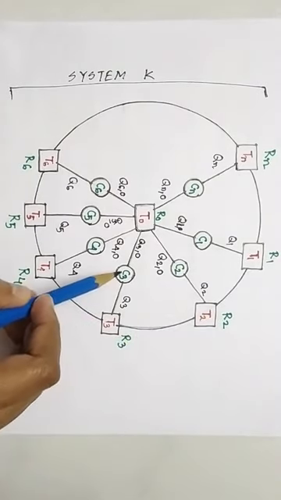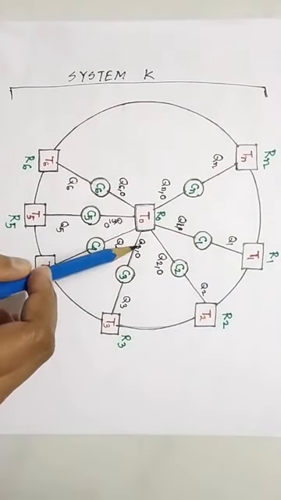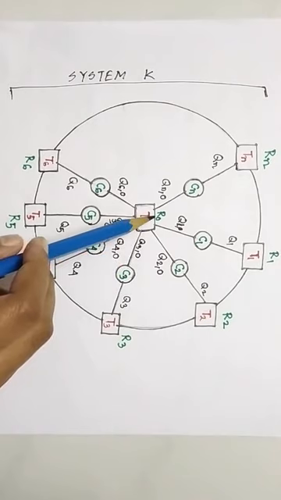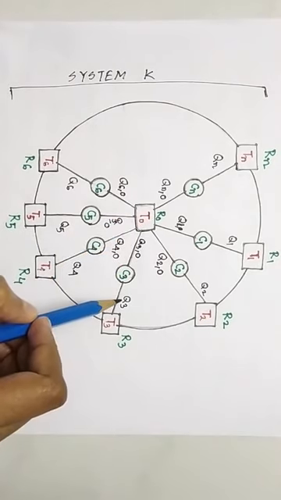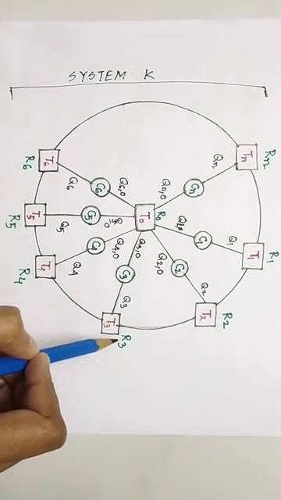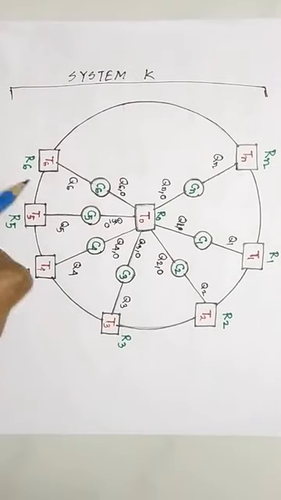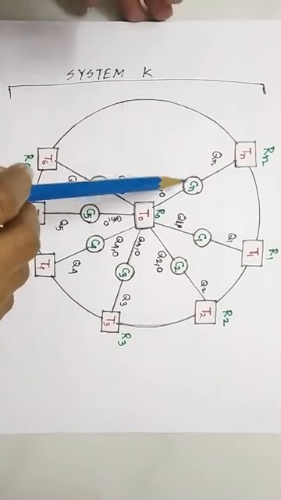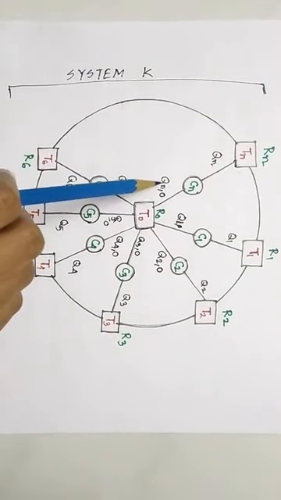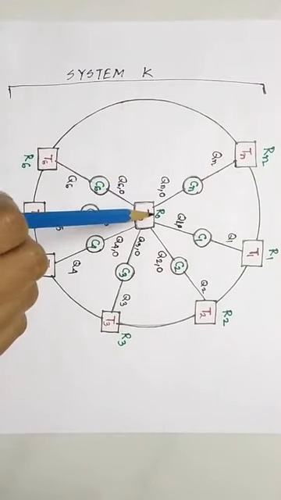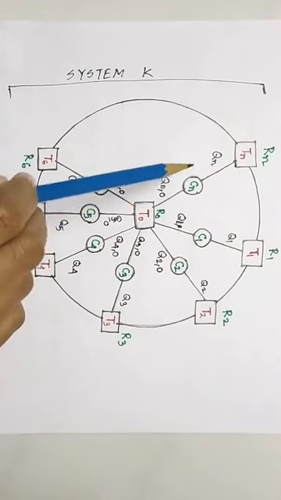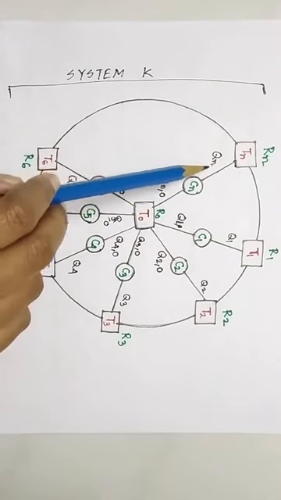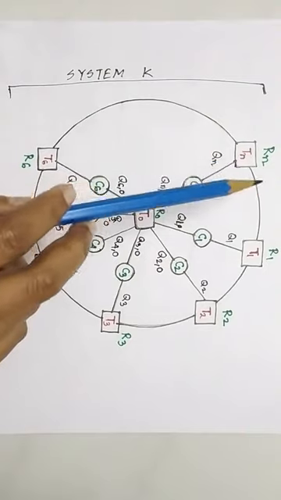Then C3 exchanges an amount of heat Q3,0 with the reservoir R0 and an amount of heat Q3 with the reservoir R3. Similarly for the other reservoirs R4, R5, R6 and so on. Then the nth Carnot engine Cn exchanges an amount of heat Qn,0 with the reservoir R0 and an amount of heat Qn with the reservoir Rn.